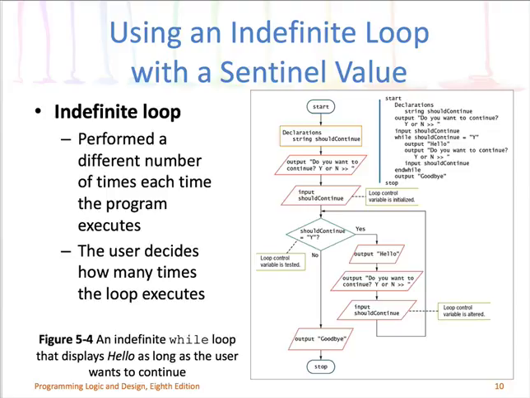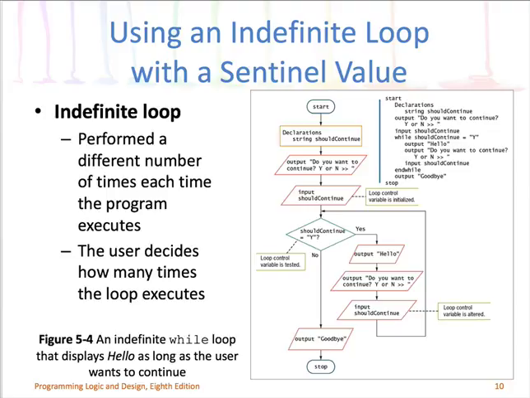In an indefinite loop, here, basically you're going to ask the user, do you want to continue, yes or no? And while they continue to type Y, you're going to execute. So basically it would say, hello, do you want to continue? If you said Y, then it would say, hello, do you want to continue? You type Y, it's hello, do you want to continue?